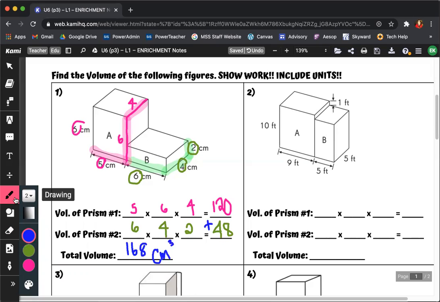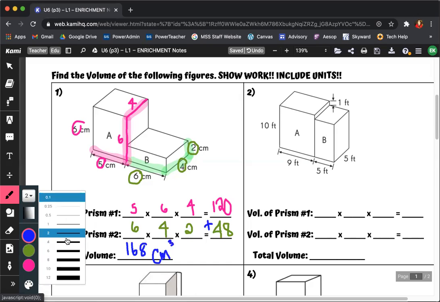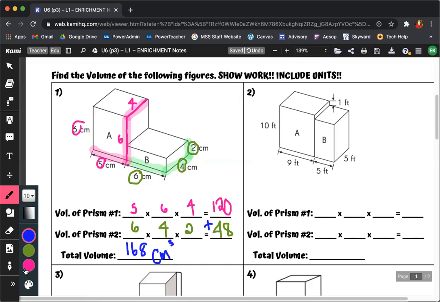All right, number 2. Again, I'm going to highlight the different dimensions. So looking at shape A, we want our length, we want our height, and we want our width.